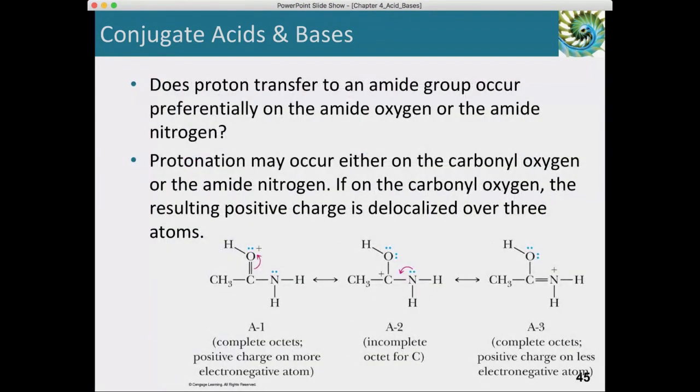Let's look at another example. And here we are looking at the reaction between this functional group and hydrochloric acid. So this is an amide, and this is hydrochloric acid. So hydrochloric acid will be acting as an acid, and obviously then this molecule will be acting as the Lewis base.